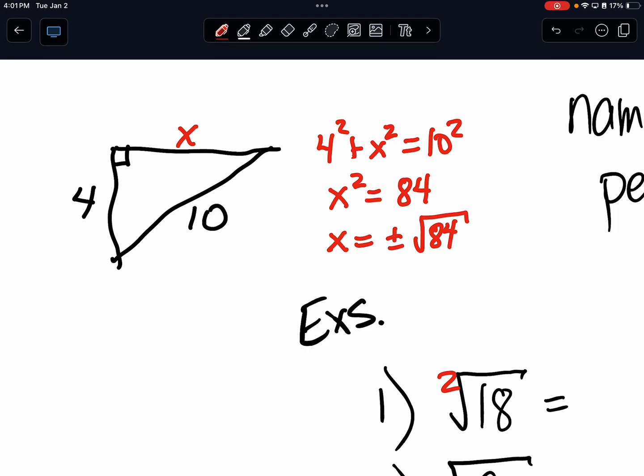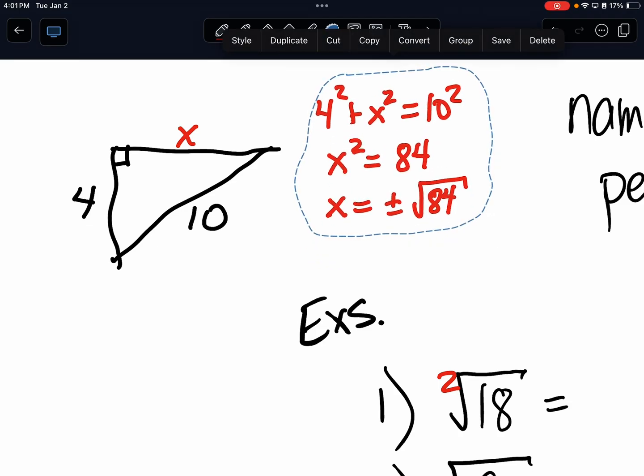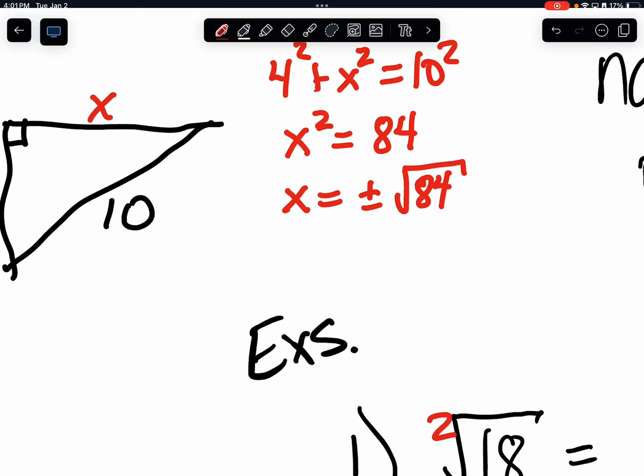We'll discount the negative answer right away because we don't need a negative answer for a distance. So what is the square root of 84? Well, we could go to our calculator and approximate it, but we're going to stay in exact land. That's where mathematicians like to be. And so we have to learn to rewrite it in simplest format.